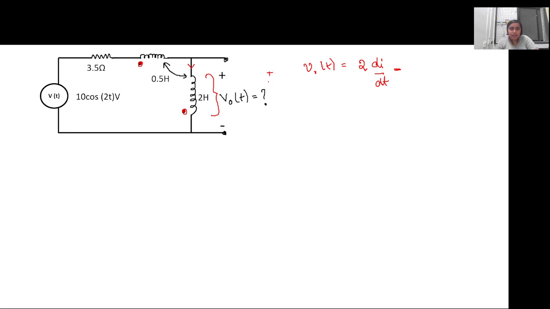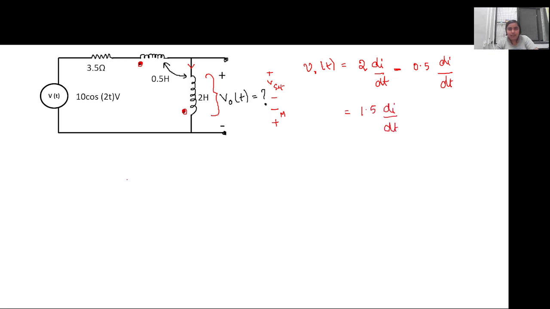So the mutual induced EMF will have the reverse sign, minus M, in this case 0.5 di/dt. So it is 1.5 di/dt.